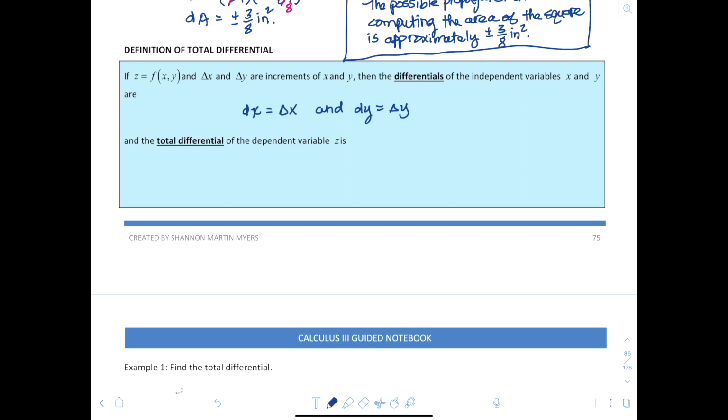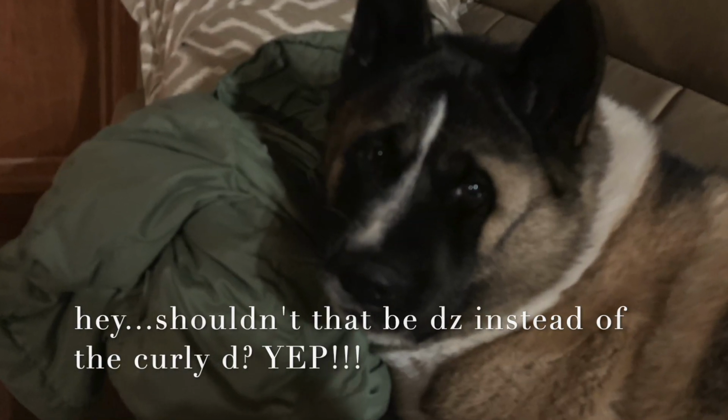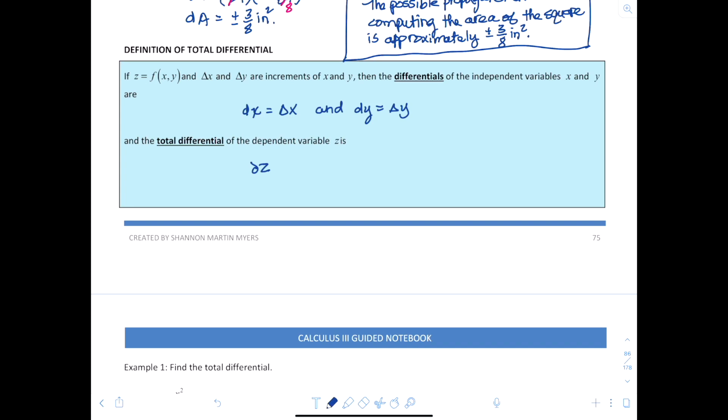And the total differential of the dependent variable z is dz is equal to, and remember we have to use the curly d, del z over del x, dx, plus del z over del y, dy. Well, that in turn would be equivalent to fx of x and y dx plus fy of x and y dy.